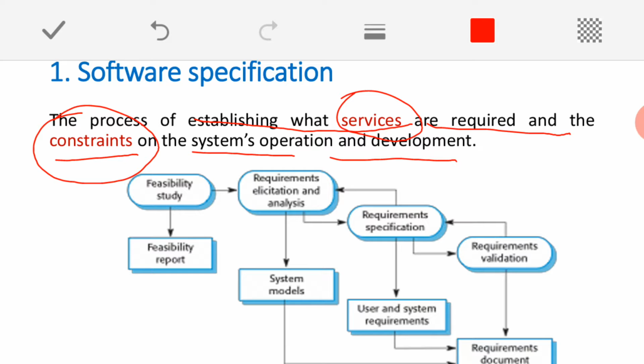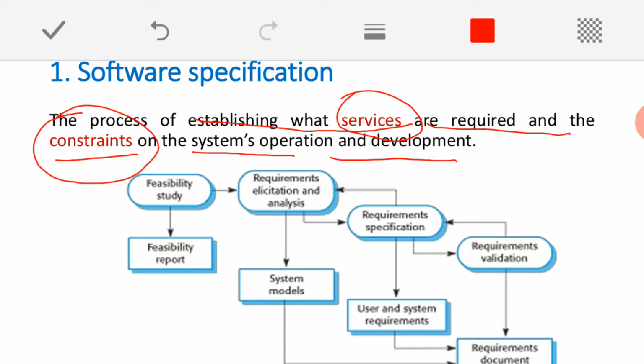What are the constraints here? Constraints are some set of rules and regulations that need to be fulfilled while developing any software. For example, it may be related to the budget. Don't think that if I know how to carry out specification, design, development and coding, I can build software.